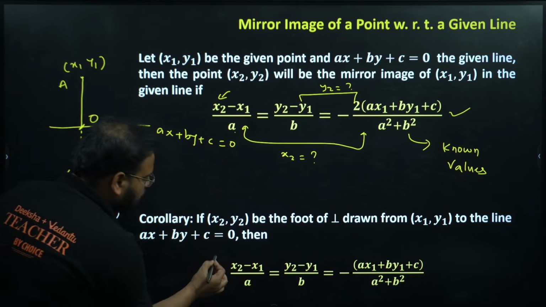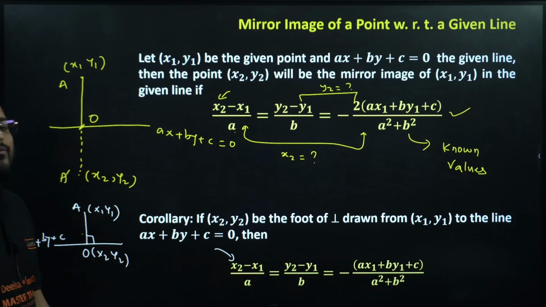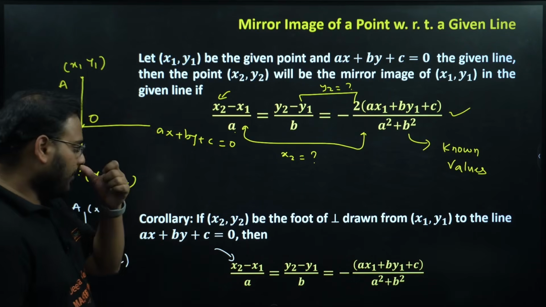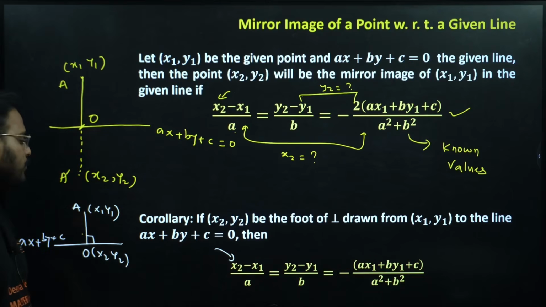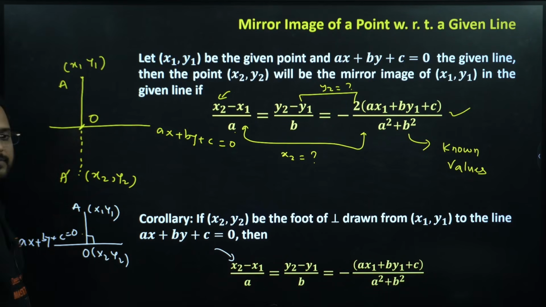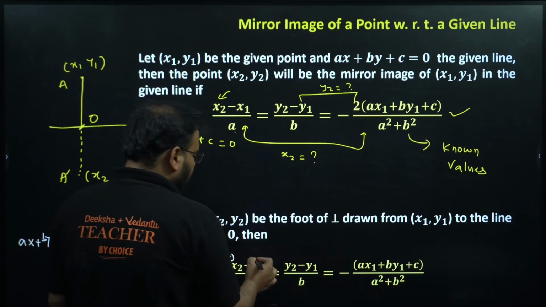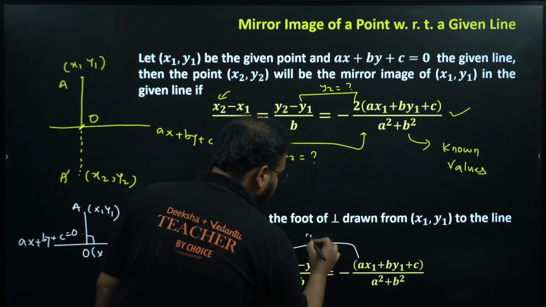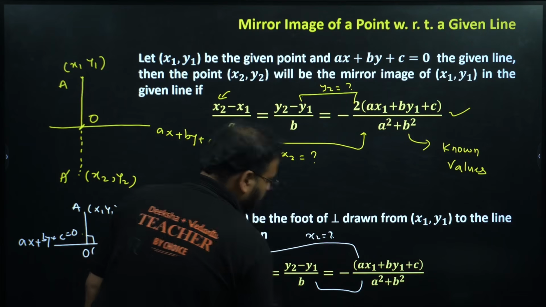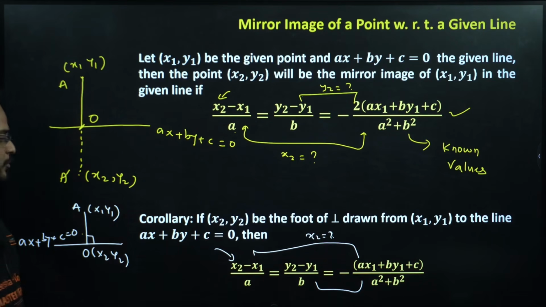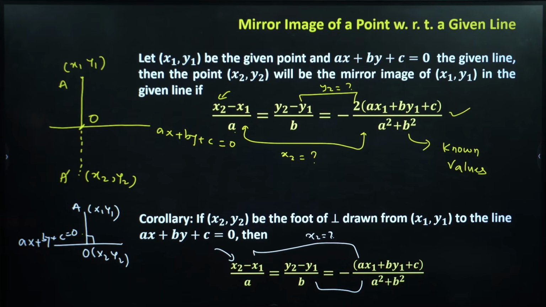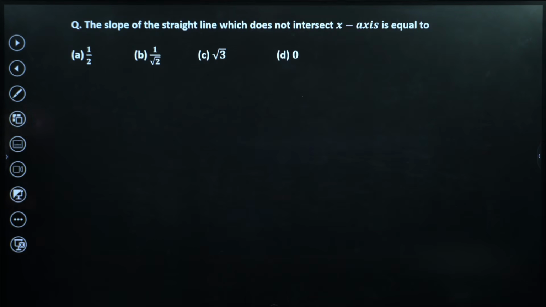So here x2, y2 represents the coordinates of the foot of the perpendicular drawn from the point x1, y1 to the line ax plus by plus c equal to 0. Okay, please check again. To find x2, you're going to use these two to find the x2 value, and to find the y2 value, you can use this. So this is again a known quantity. Please check.